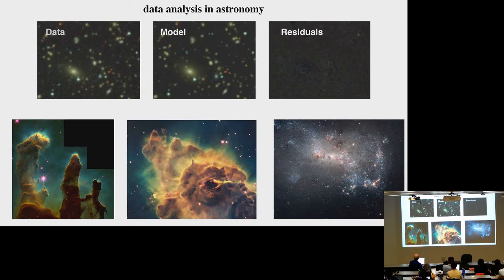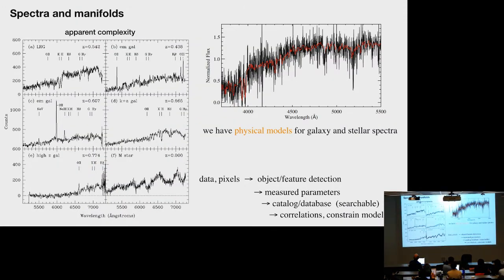All right, let's continue. Spectra. So spectra might look complex as well if you don't know about them. This is a collection of spectra of galaxies, and we have a star.